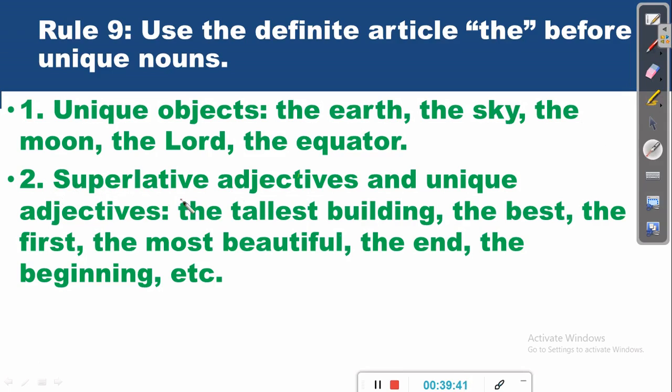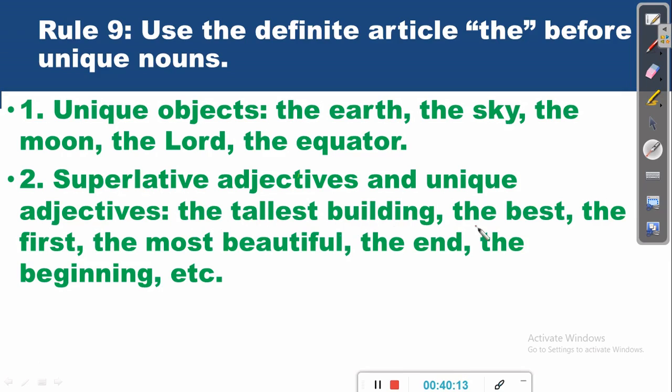Now, another unique case is when we are talking about superlative adjectives and unique adjectives. For instance, the tallest building, the tallest building. Now, it requires the definite article because when you are talking of the tallest, out of the things you are talking about, one of them, you are talking of a specific thing that is the tallest among them.